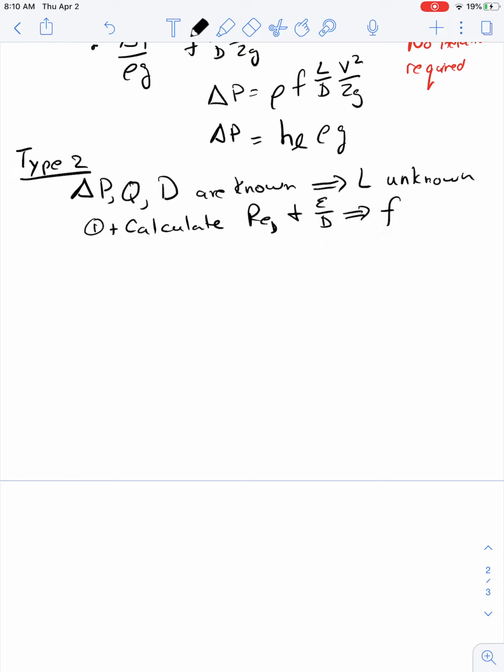Knowing those two things, we can get F, the friction factor, directly from the Moody diagram or from the Colebrook equation. And now, since we're looking for L, given that we know what the pressure drop is, that is, we know what the head loss is, remember that that's equal to F L over D, V squared over 2G.